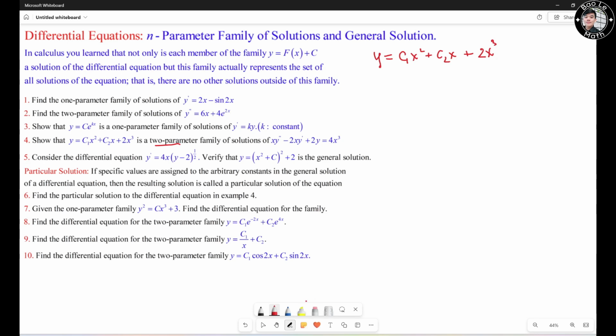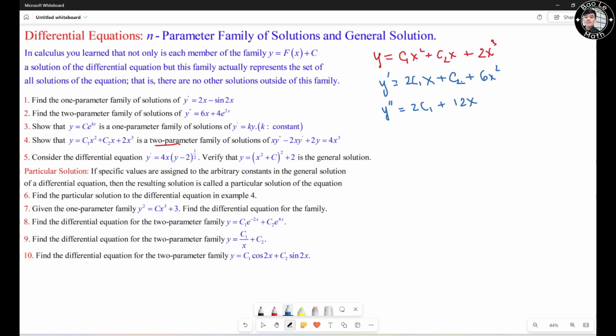So y prime is going to be 2c1 s plus c2 plus 6s squared. Now the second derivative, y double prime, is going to be 2c1 plus 12s.